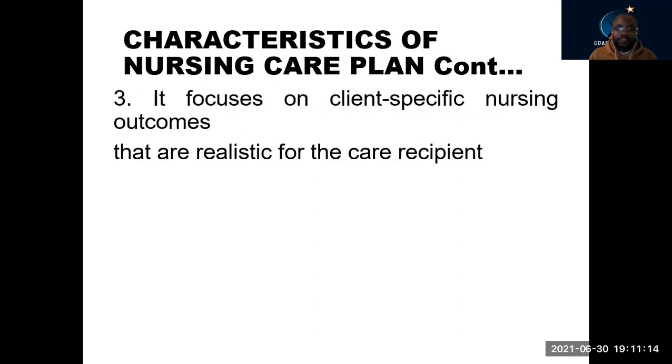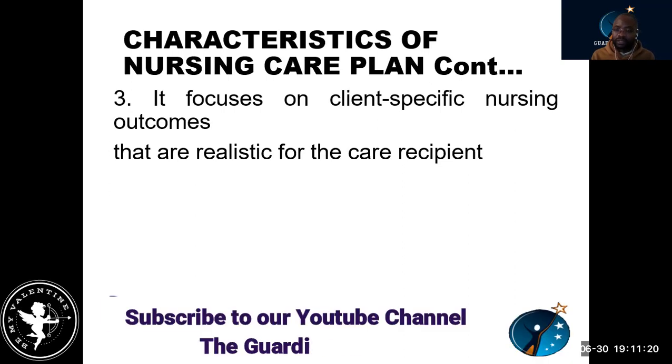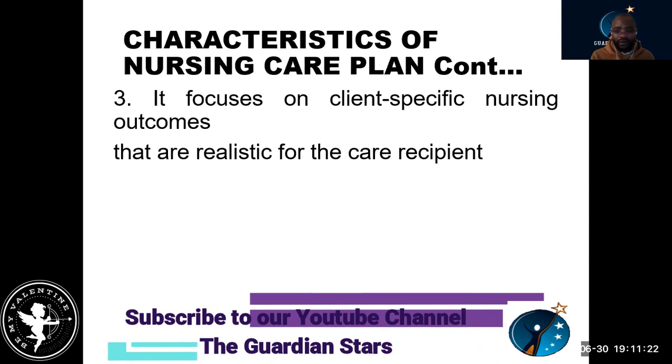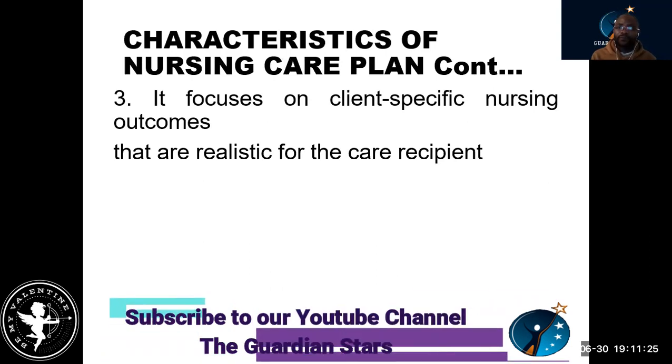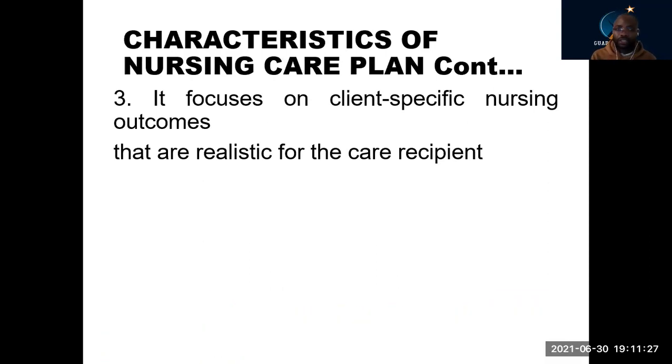The third characteristic is that it focuses on client-specific nursing outcomes that are realistic for the care recipient. This is very important. The nursing care plan focuses on the outcomes of what you want your patient to achieve at the end of your nursing interventions. Of course, I can say again that it's client-centered, because you make goals that are client-centered.